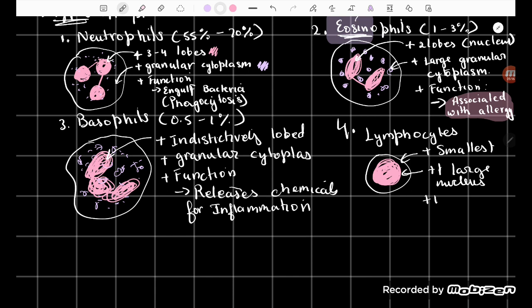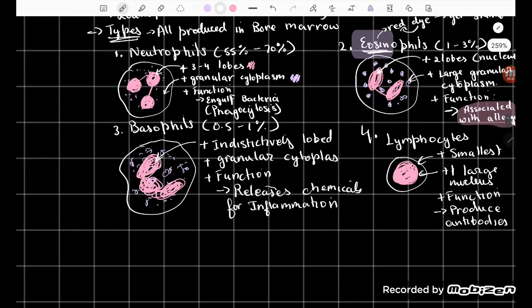And the function is to produce antibodies. That's all you have to remember.